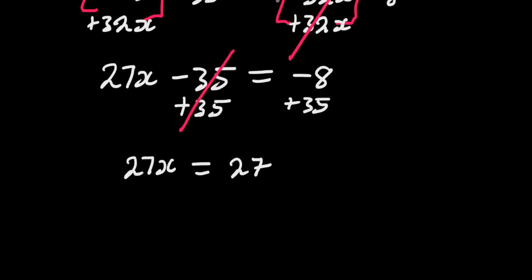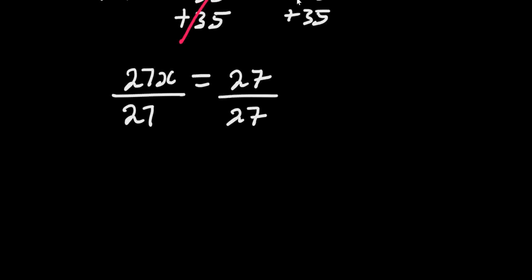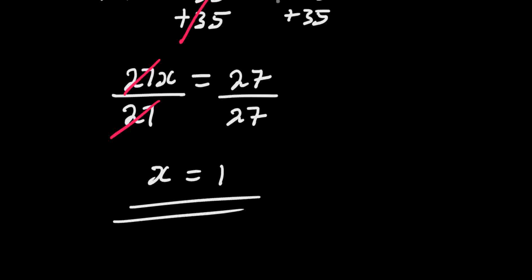So now divide both sides by the coefficient of x, 27. So 27 is going to cancel 27 from here, and 27 divided by 27 is 1. Therefore, x is equal to 1. So this is the answer to this question. I hope this makes some sense.